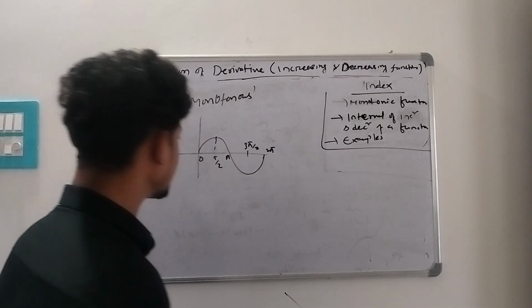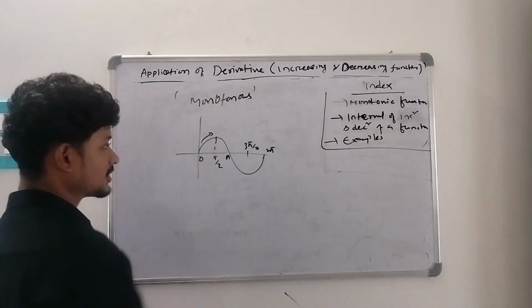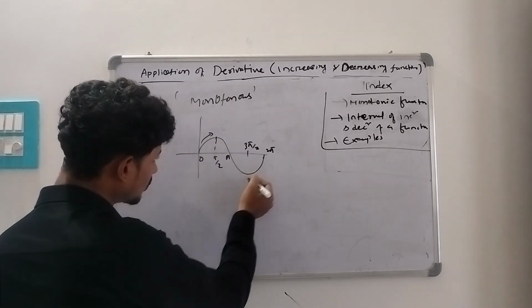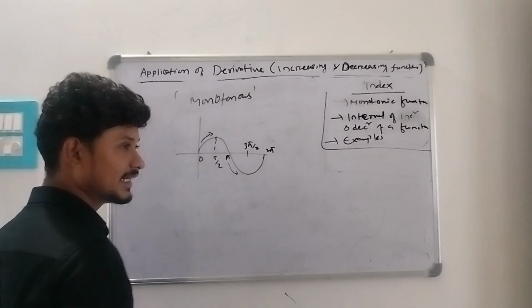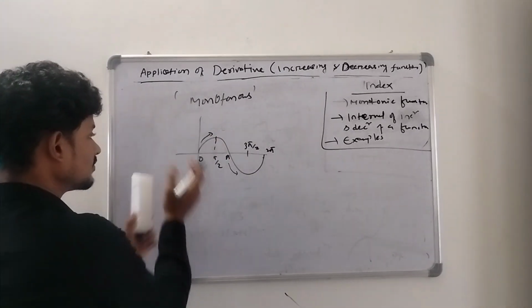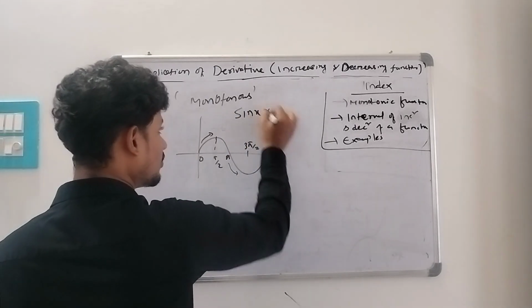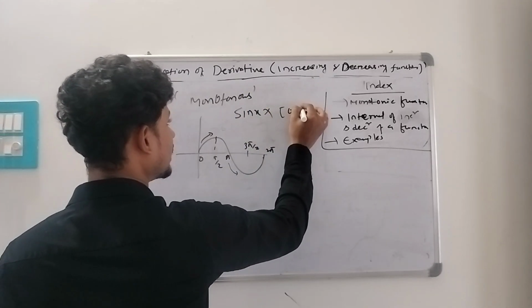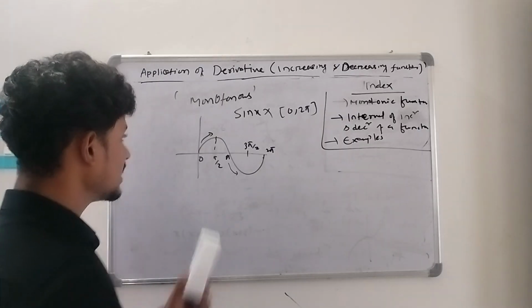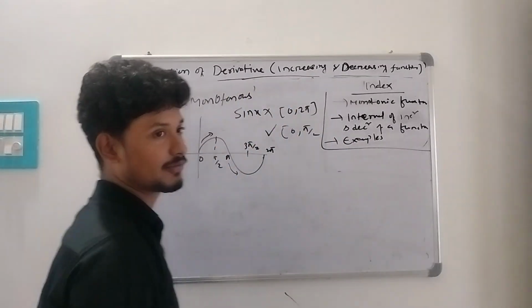From 0 to 2 pi, you can see that from 0 to pi by 2 the function increases, and from pi by 2 to 3 pi by 2 the function decreases. The graph goes down from pi by 2 to 3 pi by 2 and goes up from 0 to pi by 2. That means sin x is not a monotonic function on the domain 0 to 2 pi. But if I restrict its domain to 0 to pi by 2, then it becomes a monotonic function.